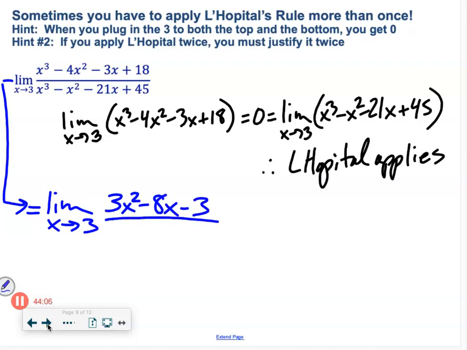What's the derivative of the bottom? 3x squared minus 2x minus 21. Plug in 3: 27 minus 24 minus 3. What does that equal? 0. And 27 minus 6 minus 21. What does that equal? 0. We've got another 0 over 0. What are we going to do? Let's L'Hopital again.